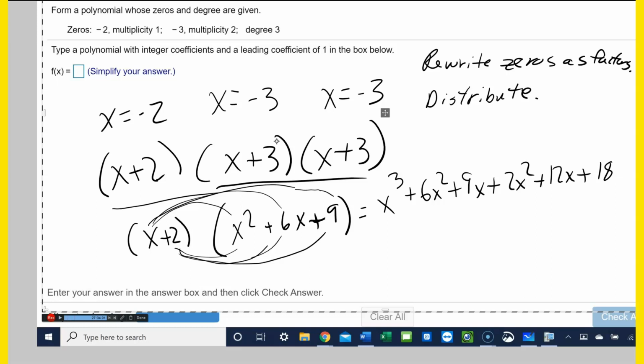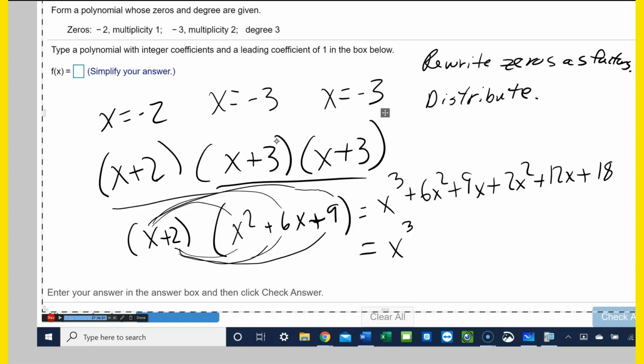Okay, some people do like to do a box where they put the x and the 2 on the left side of the box and the x squared, the 6x, and the 9 on the top of the box. And that's a totally fine way to do it. If that's what you like to do, definitely do that.